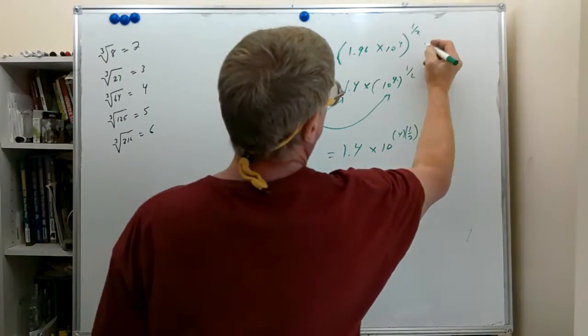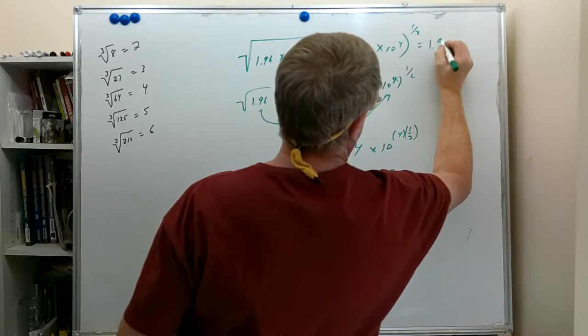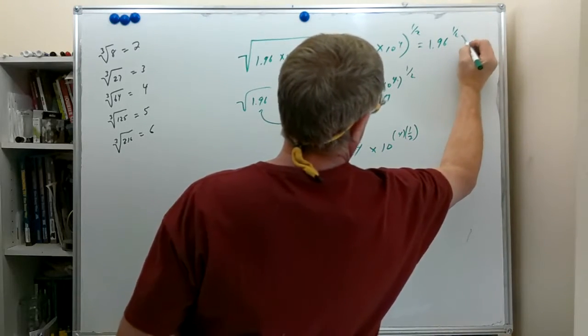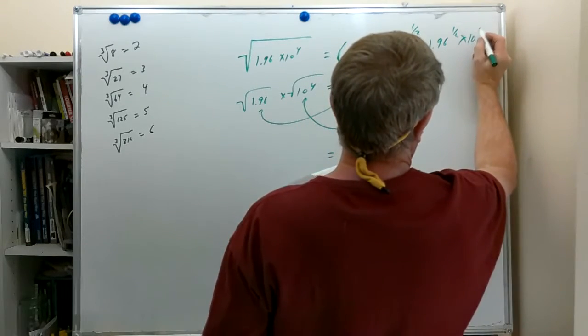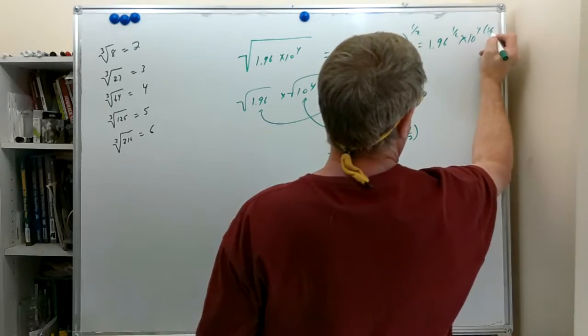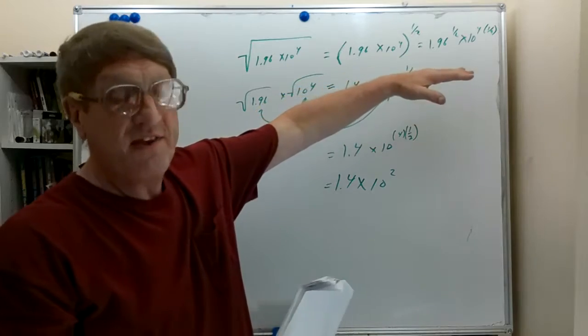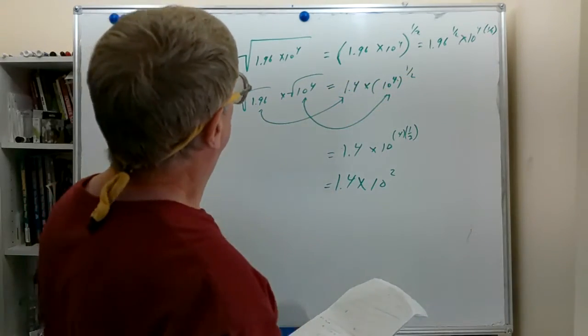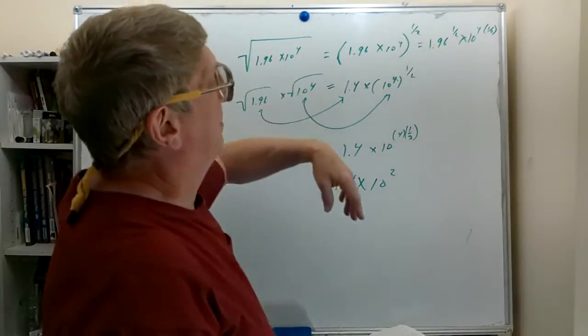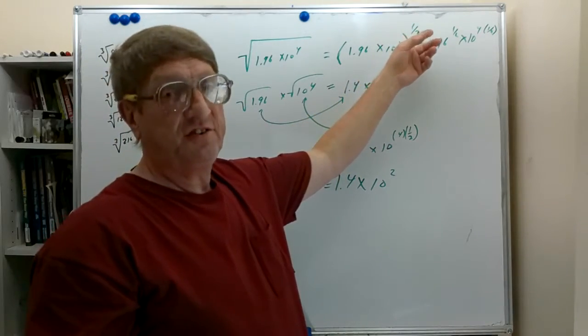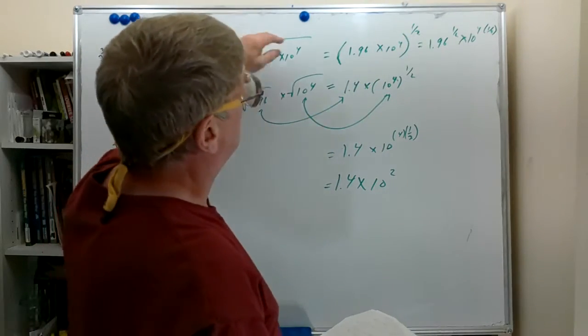We could have run the 1/2 in there and said this was 1.96 to the 1/2 power times 10 to the fourth times 1/2 power, which is where we got to here. It's just another way of rewriting the same problem. But the radical sign basically is the same as a fractional exponent. If it's a square root, it's a 1/2.